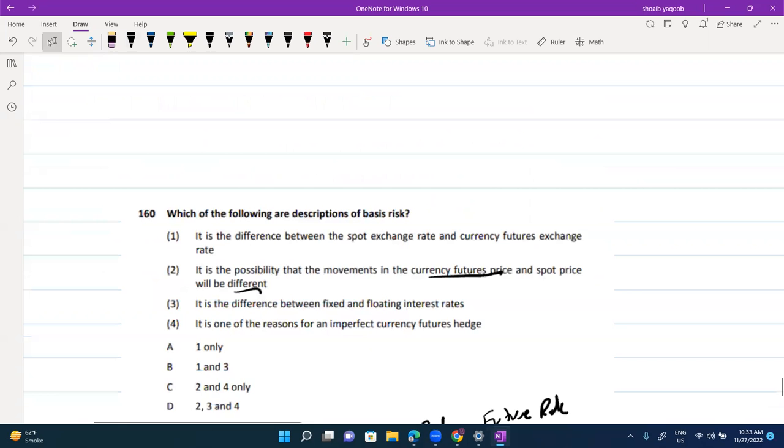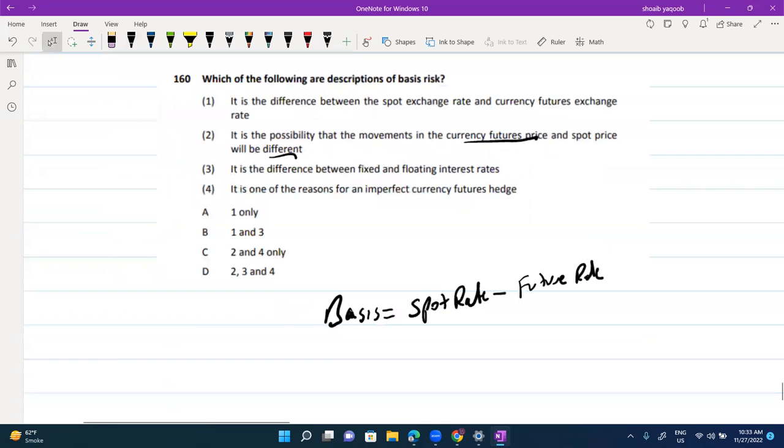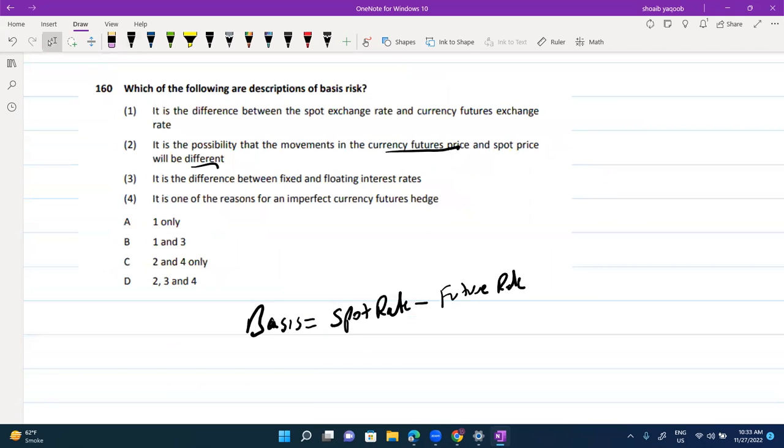That is basis. What is basis risk? If the spot rate moves in one direction and the future rate moves in another direction, that is basis risk. Basis is the difference between spot and future, and the concept is that both will move in the same direction. But if they move in different directions, that risk is called basis risk.